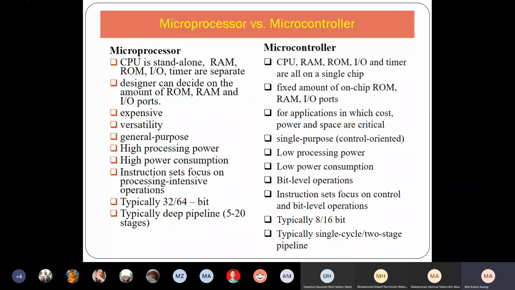When a designer wants to decide what controller to use, he has to understand the specification of that particular microcontroller, whether it fits the purpose or not, right?